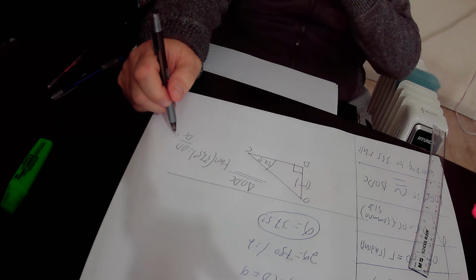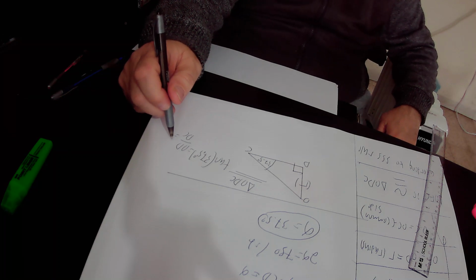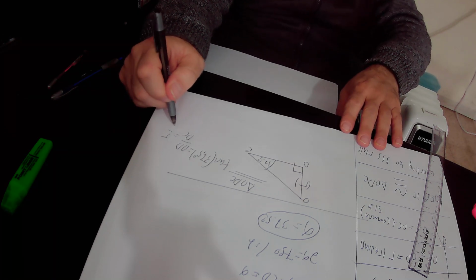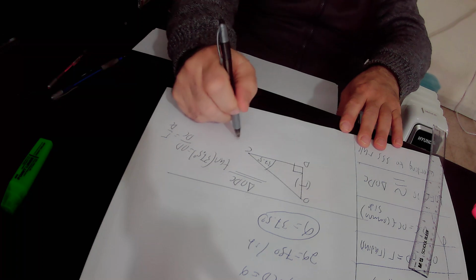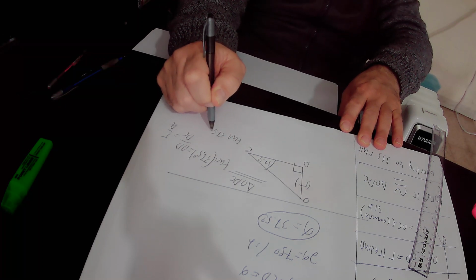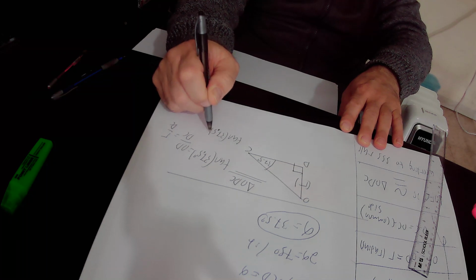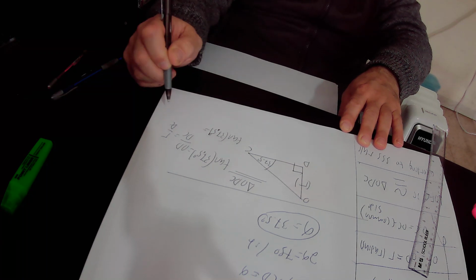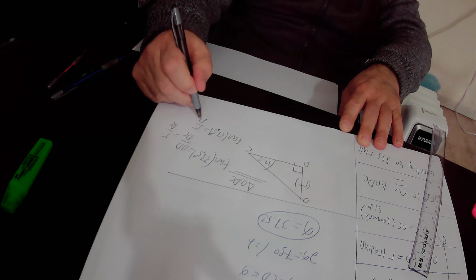So tangent 37.5 degrees equals OD, that is R, over DC. Again, tangent 37.5 degrees equals R over DC.